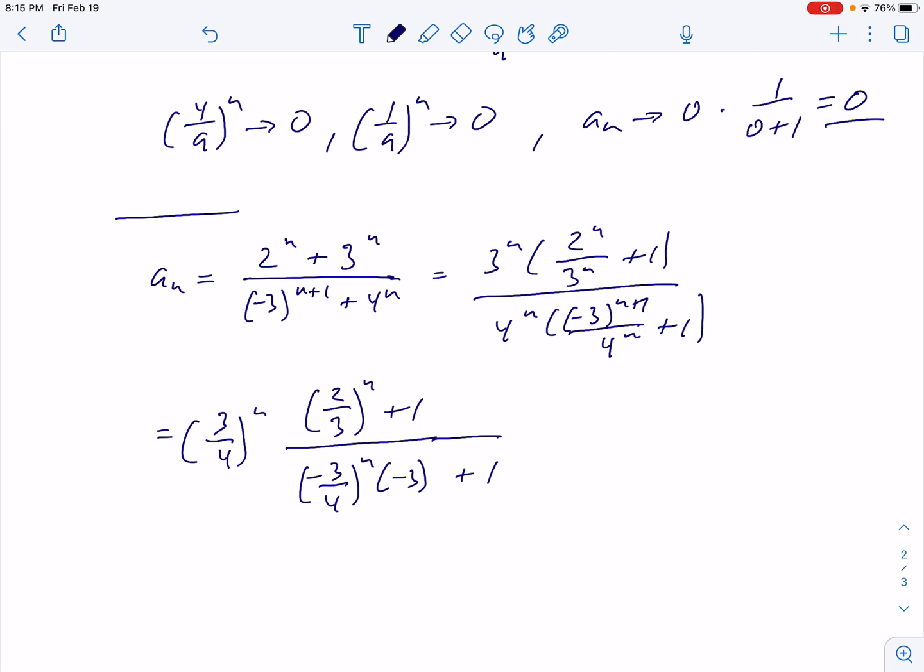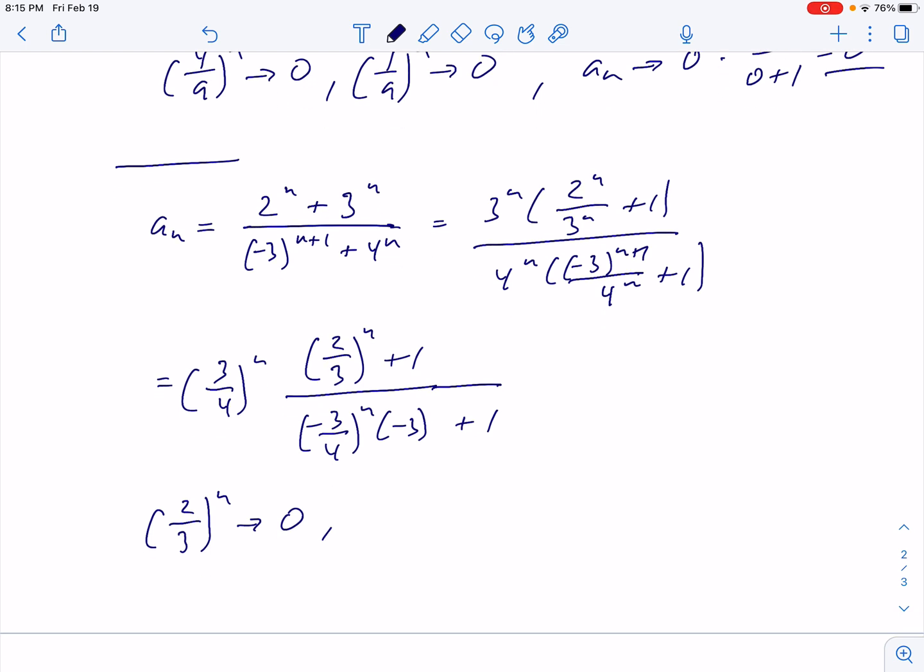So look at this. All the sequences that participate have limits, we can evaluate them. 2/3 to the power n approaches 0. 3/4 to the power n approaches 0. Negative 3/4 to the power n also approaches 0.